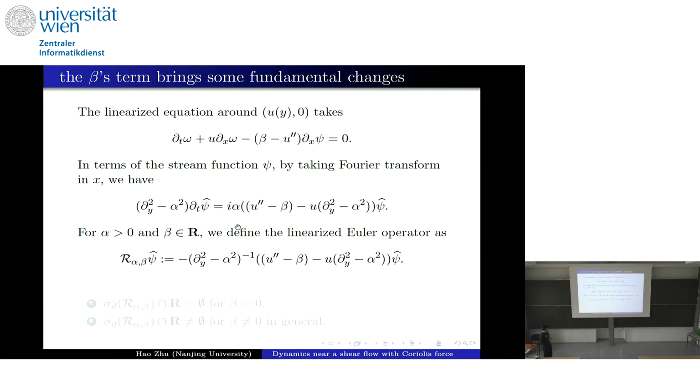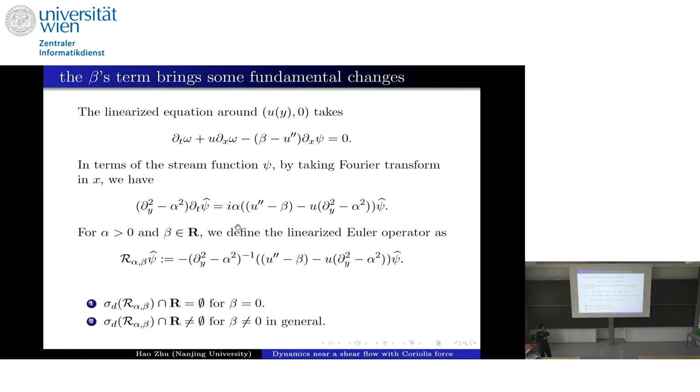And let us see some analytic aspects. The beta term for the linearized Euler equation makes some fundamental changes. If we take it in the stream function and after Fourier transform, we will get the linearized Euler operator.